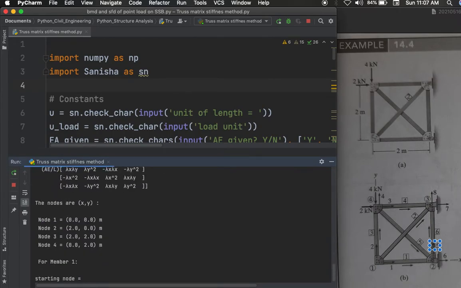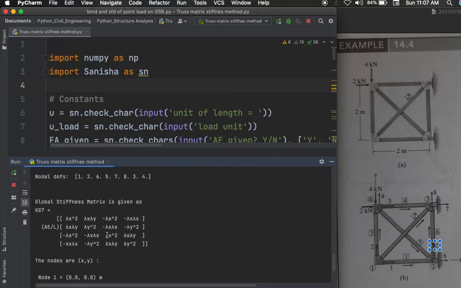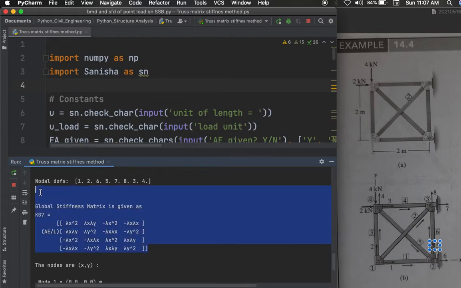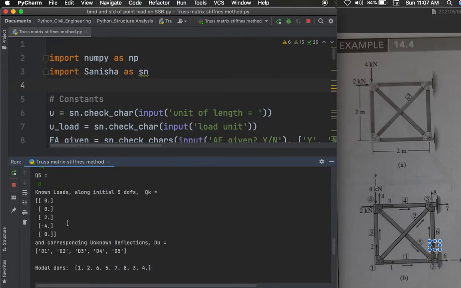Okay, so for now it is asking you the start node and end node. It has recorded these values: node 1, node 2, node 3, node 4, and xy. And all this I have written just to create a complete solution, to give you the details of the solution. I am writing all these values to explain how I got my solution.